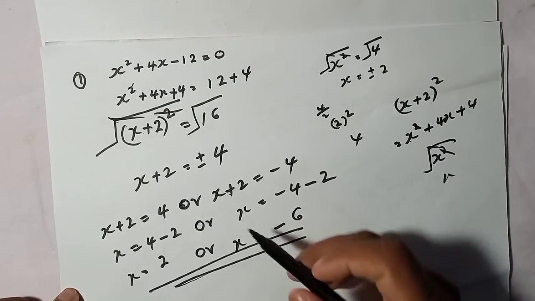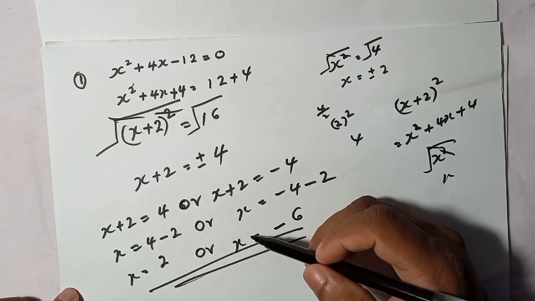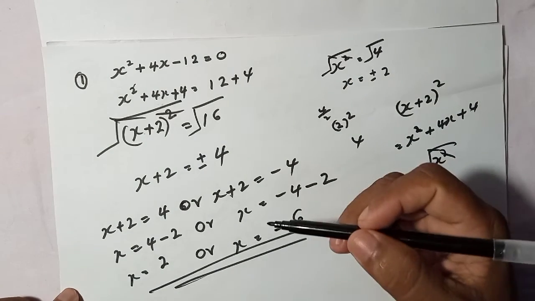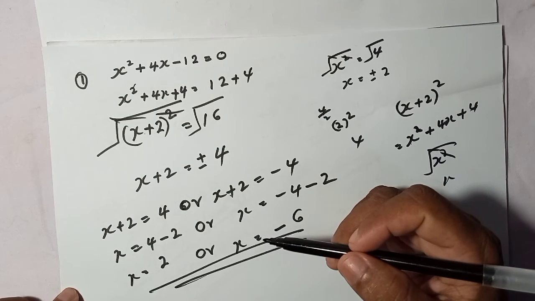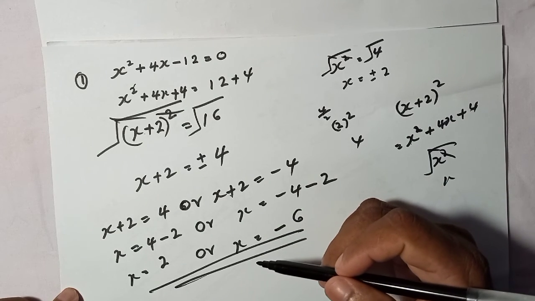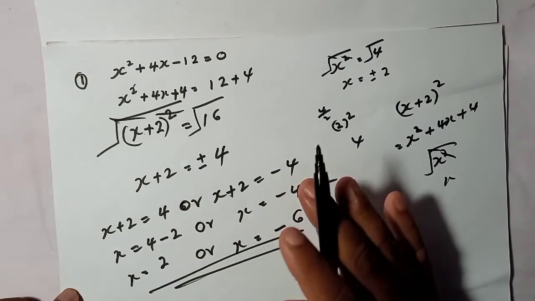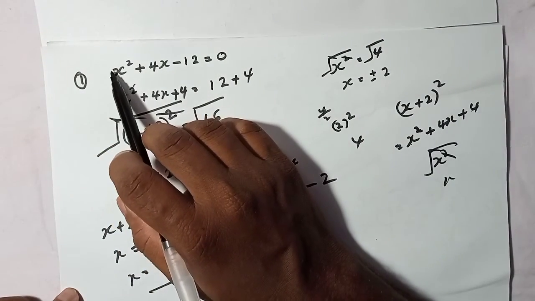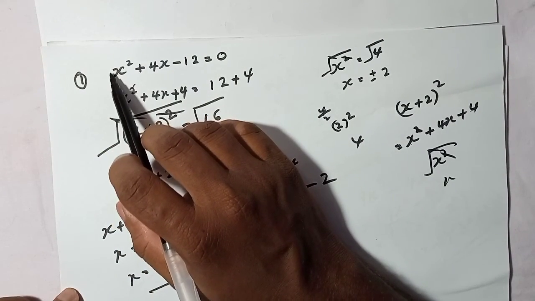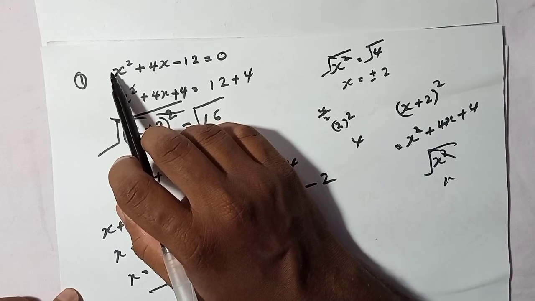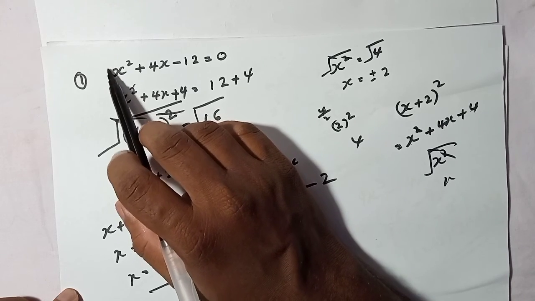And keep in mind, this is a very simple one, and if you know how to do this completing square method, you can do it a little bit quicker than the formula. And another very important thing: the coefficient of x square, the value of x square, must be 1.